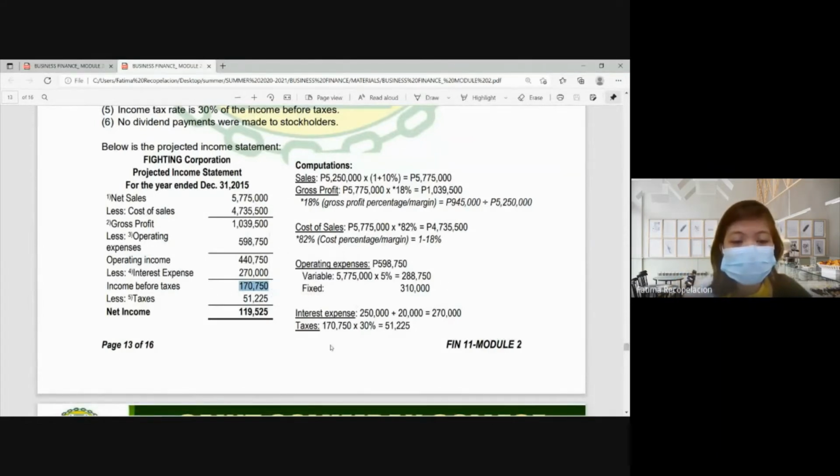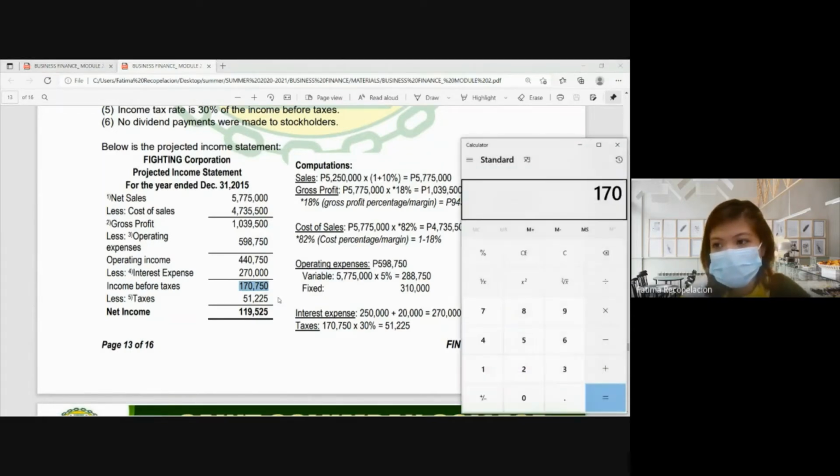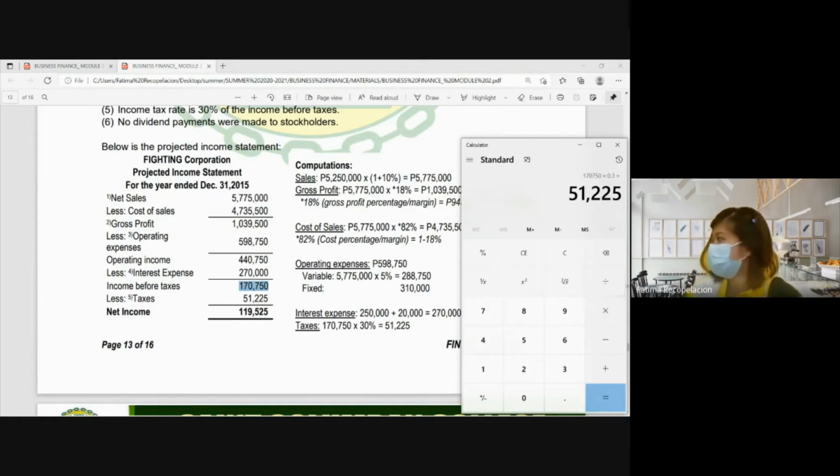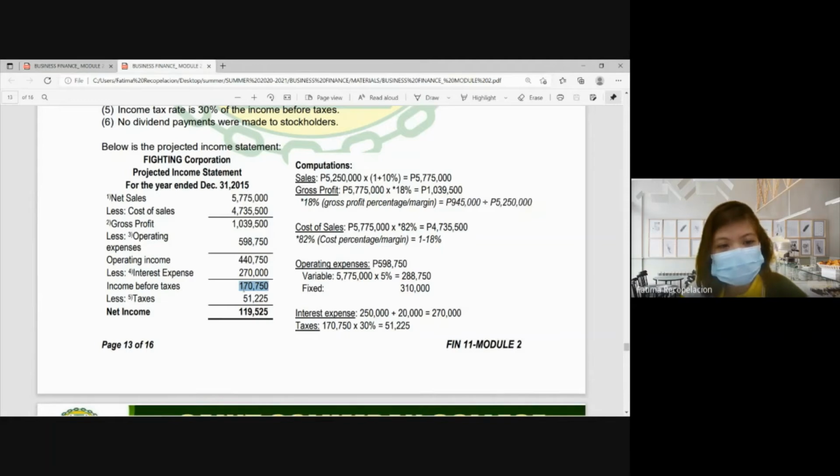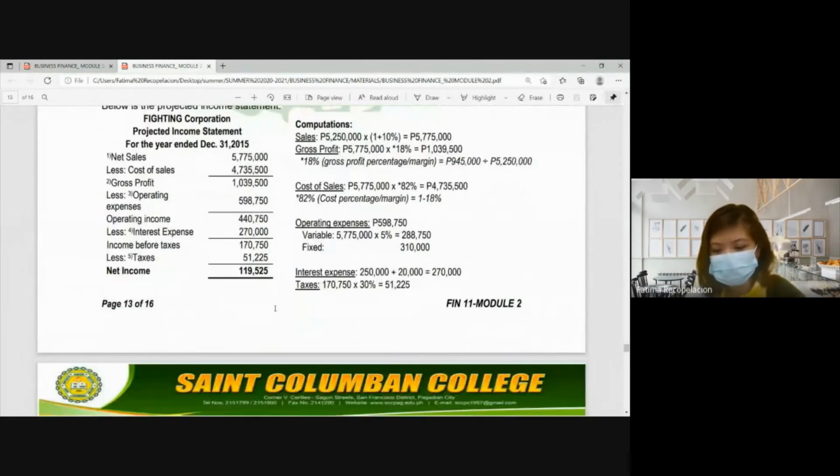And the taxes were 30%. So 30% of 170,750, 51,225. Okay, so after deducting the taxes, we now arrive at our net income, 119,525.